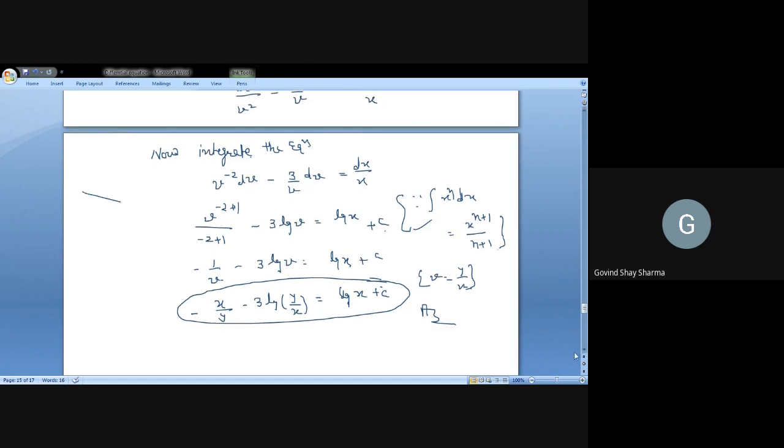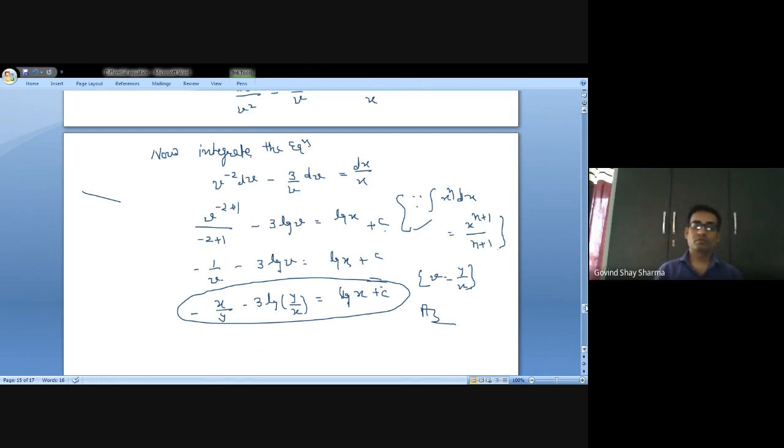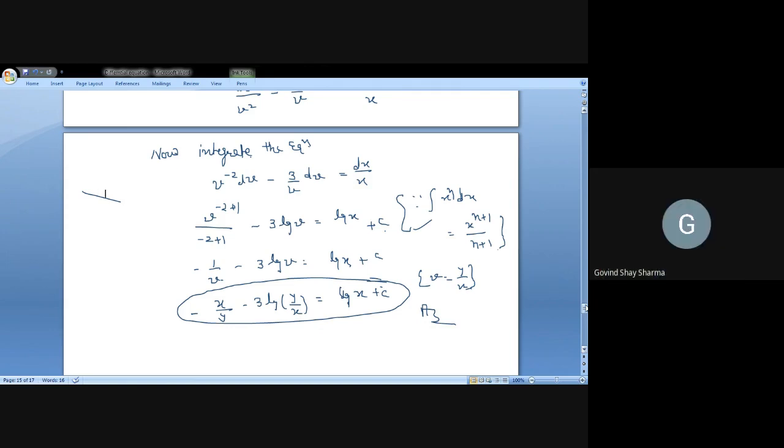Okay, students. Here we complete the homogeneous differential equation of first order. Very simple steps. There are only three steps. Number one, we assume y = vx. Then replace dy/dx in the form of dv/dx. And after this, apply the variable separation method to separate the variables and integrate.